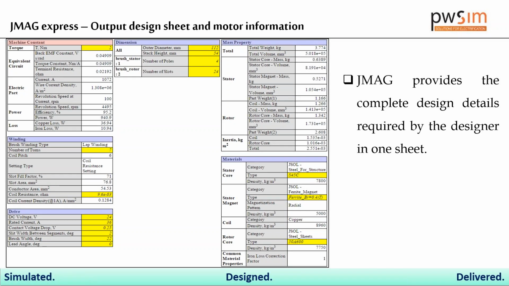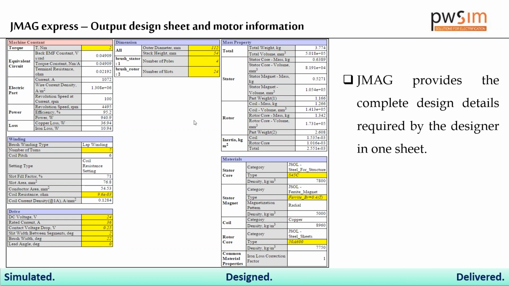Now suppose you feel that you need to fine tune the model, and you want to see the outer diameter varying between say 110 and 120. You can directly input the outer diameter values here, perform a number of iterations, and get the optimized result out of this Express module.